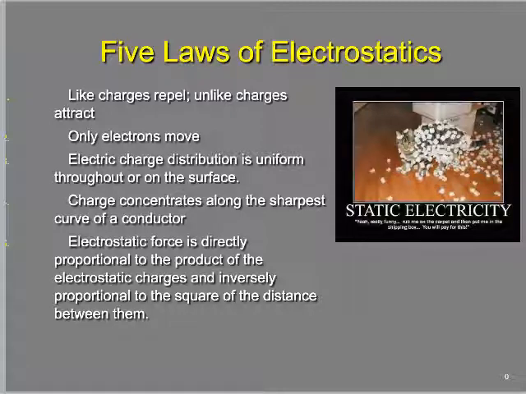Electric charge distribution is uniform throughout or on a surface. And this goes back to the first 2 things. When we look at John Travolta in a minute, the game is this. You scuff John Travolta's feet on the carpet, he starts to develop electrons through the static electricity in his foot.